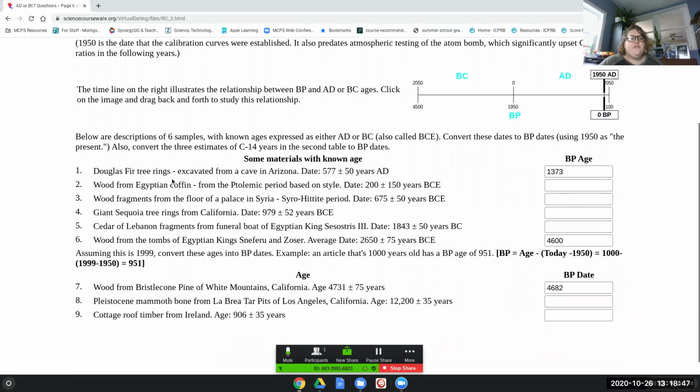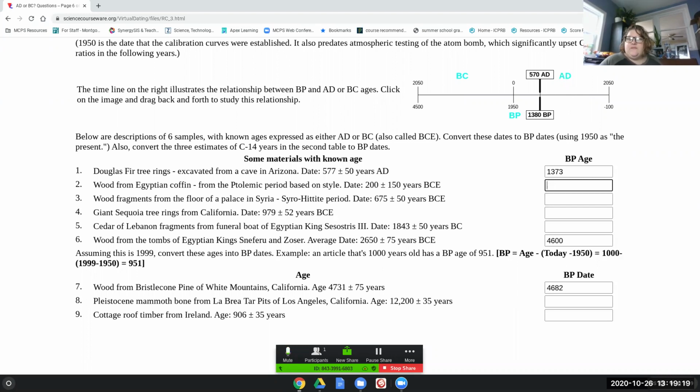So Douglas fir tree rings excavated from a cave in Arizona, date 577 AD. So I'm going to move this until the top is as close to 577 as possible. So I had 570 and 585. So I'm going to type in 1380. Oops, I'm sorry.